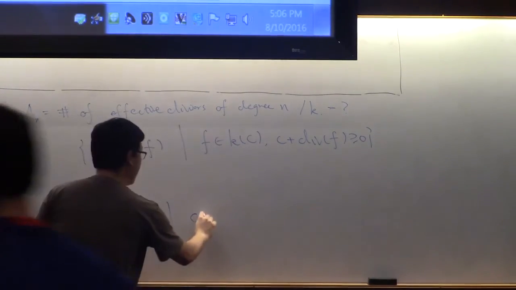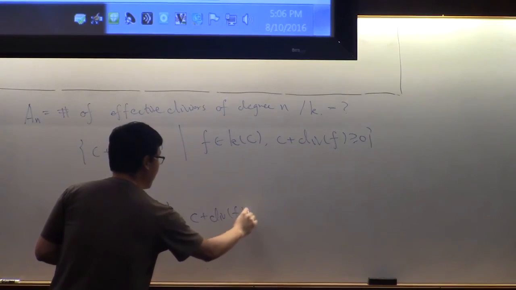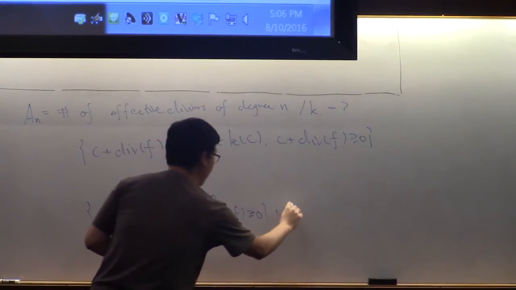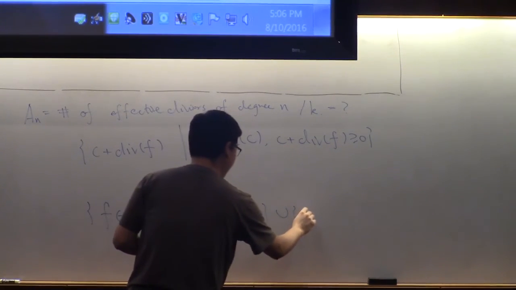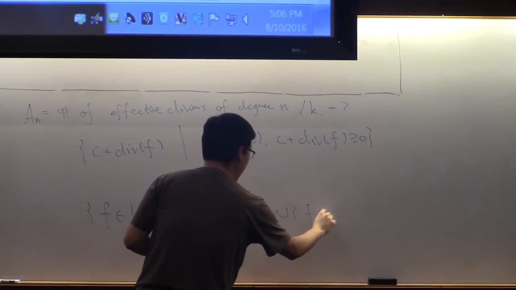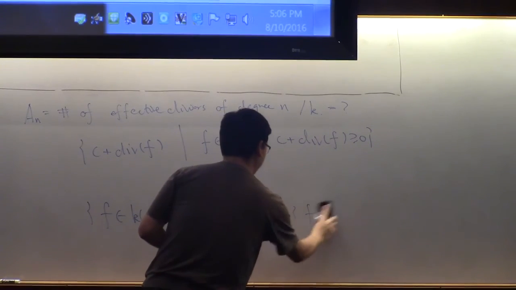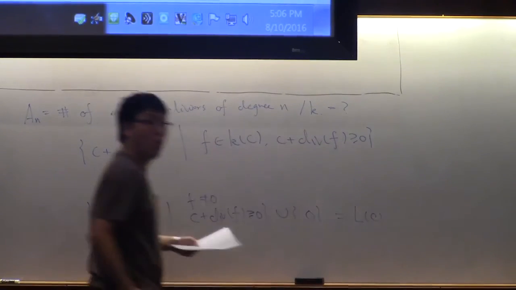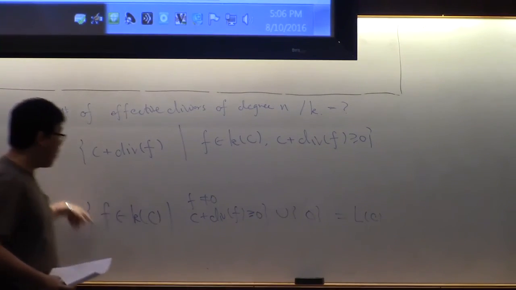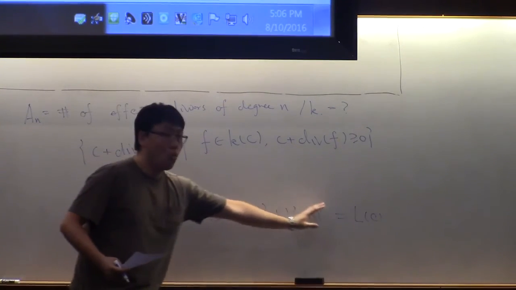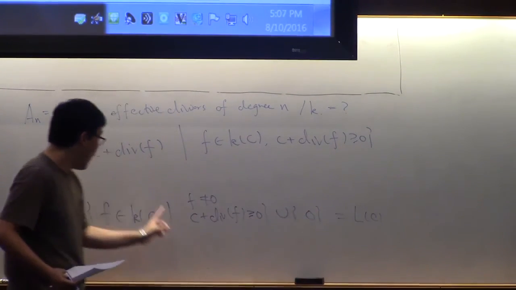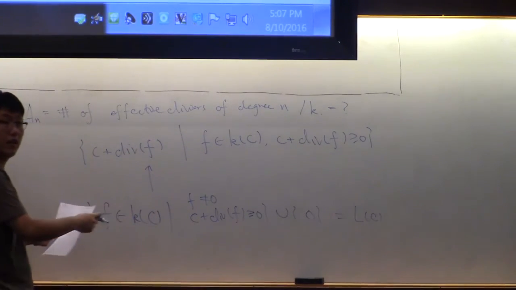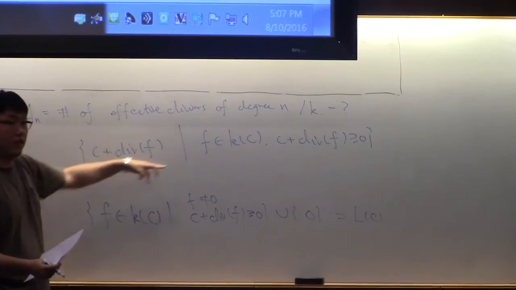It should satisfy that C plus div f is positive, and f is non-zero, together with f equal to 0, the zero function. So this is the set LC we have just defined. And from this set, first we remove the zero function, and then we apply a div here. Then we get a divisor in this set.